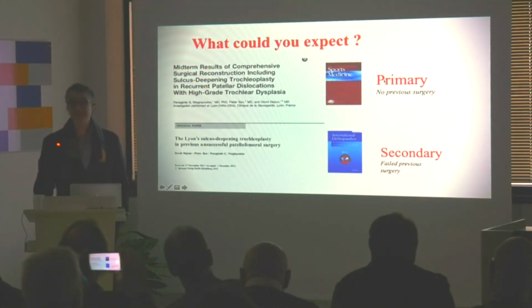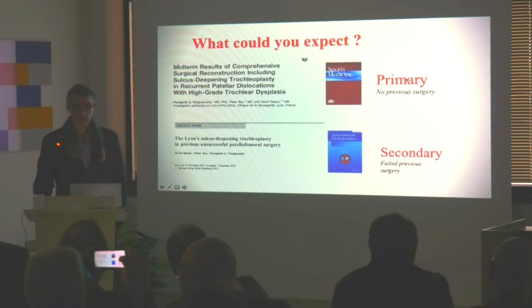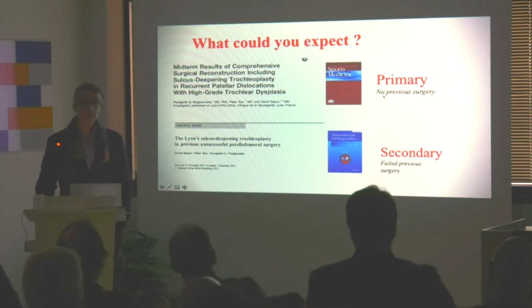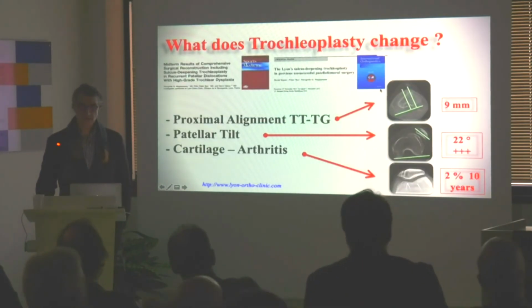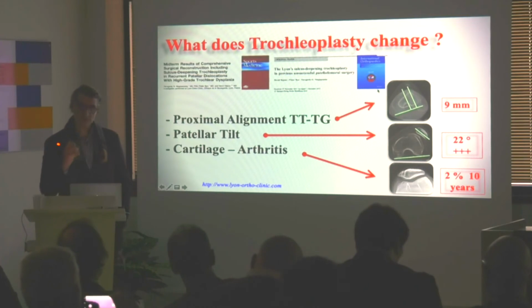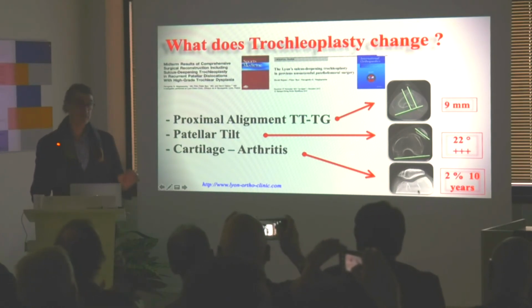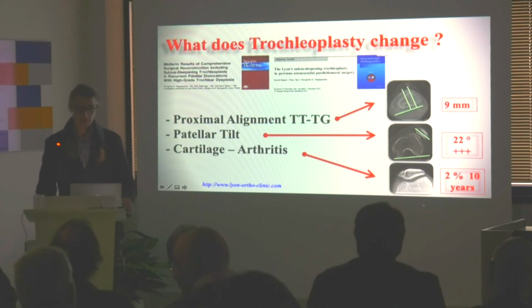So what you can get with the trochleoplasty, if you do primary or secondary, it's definitely different, and the results are much better in the primary indications. You can do a proximal realignment of an average of 9 millimeters. You will correct perfectly the tilt, and the tilt correction is the best, because the tilt is directly correlated to the shape of your trochlea.